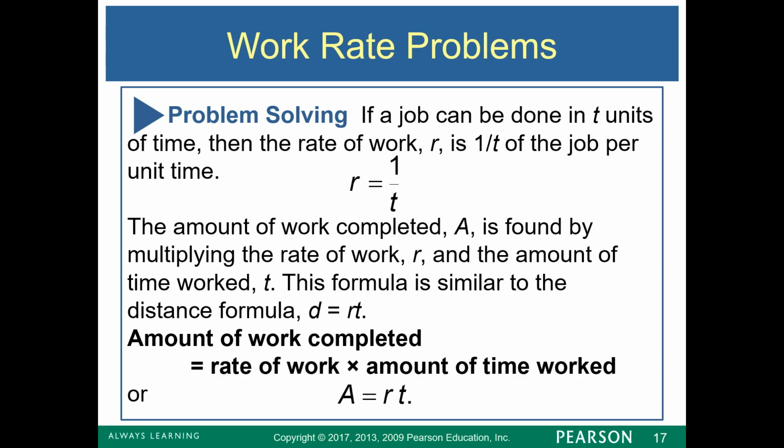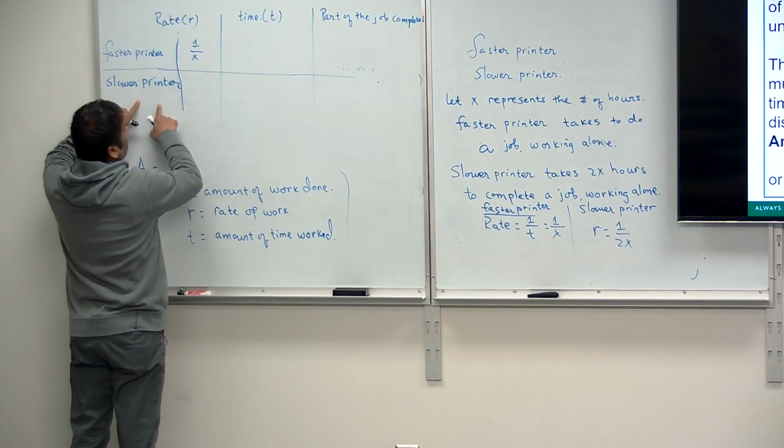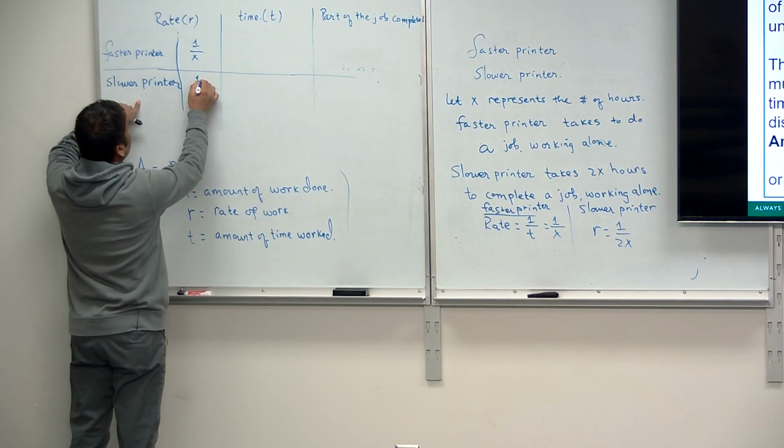For the slower printer, 1 over 2x. Exactly, good job. So for the faster printer, the rate is 1 over X, and for the slower printer, the rate is 1 over 2x.